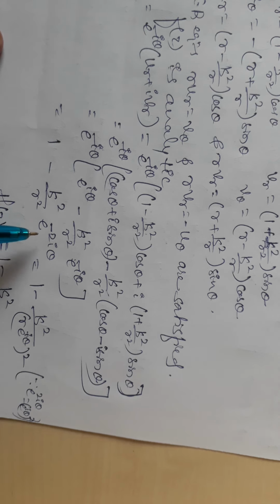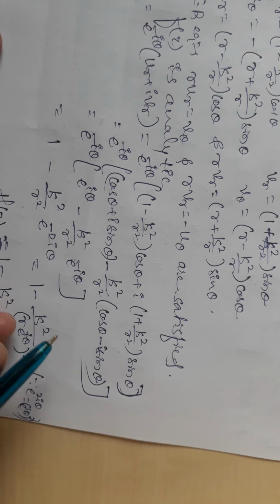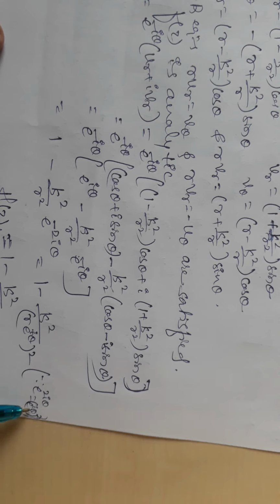Therefore it can be written as e to the power minus i theta whole square, but here it is minus, so I will take it in the denominator, which is 1 minus k square by r square e to the power 2i theta. e to the power 2i theta can be written as e to the power i theta whole square. Therefore I can write (r e to the power i theta) whole square instead of r square (e to the power i theta) whole square.